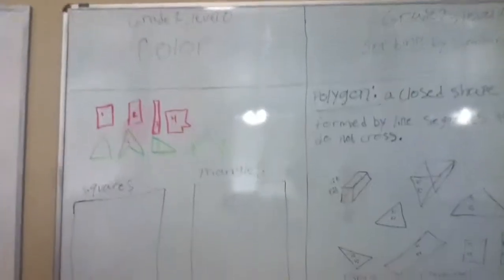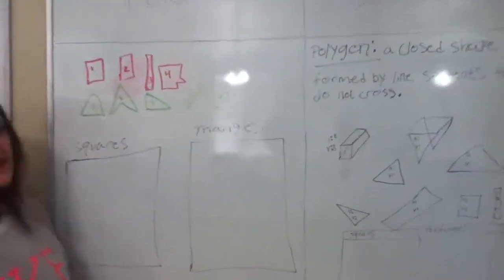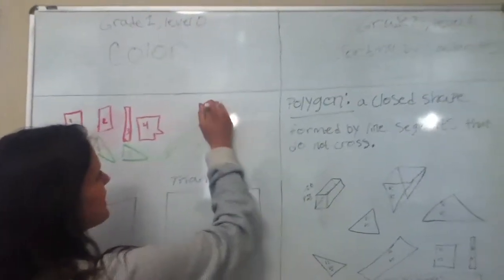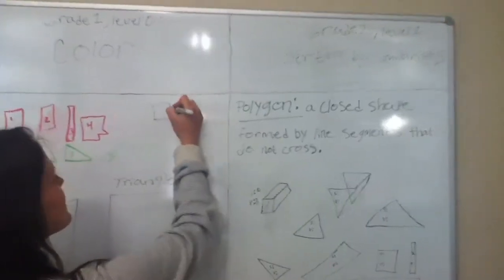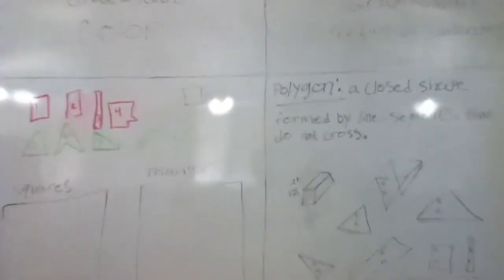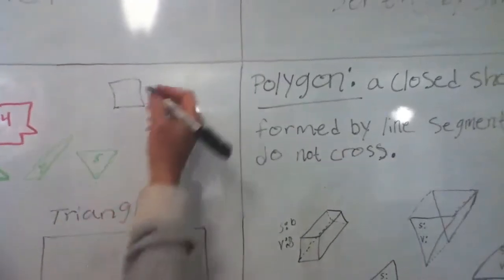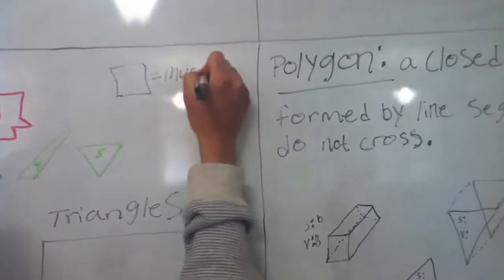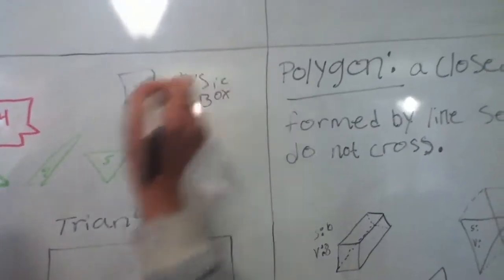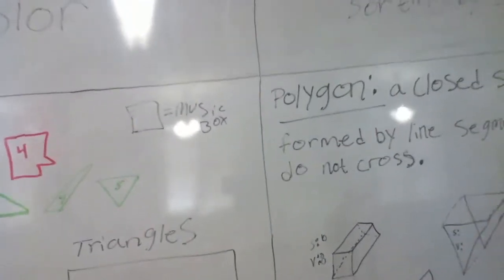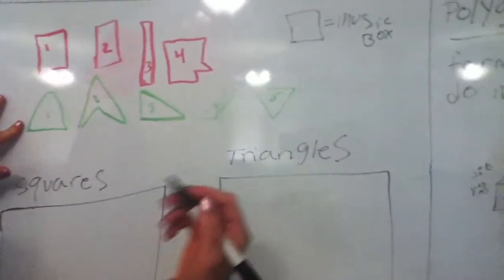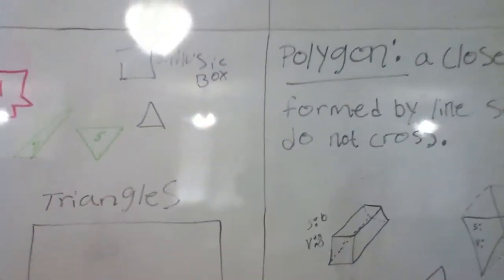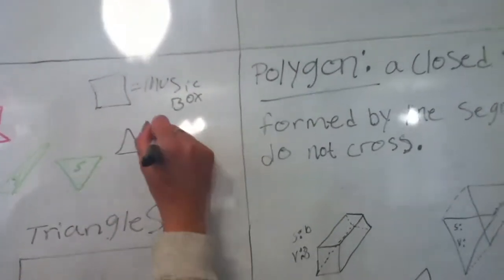So I would ask them what they think a square looks like, and they would say that it looks like a music box. Then I would ask them what a rectangle looks like. And they might say, what a triangle would look like. And they might say it looks like a piece of pizza.